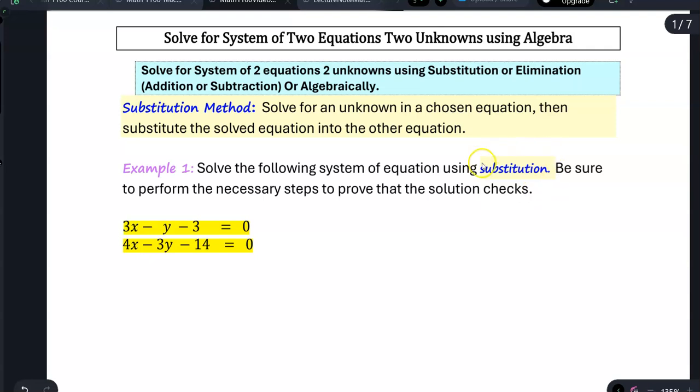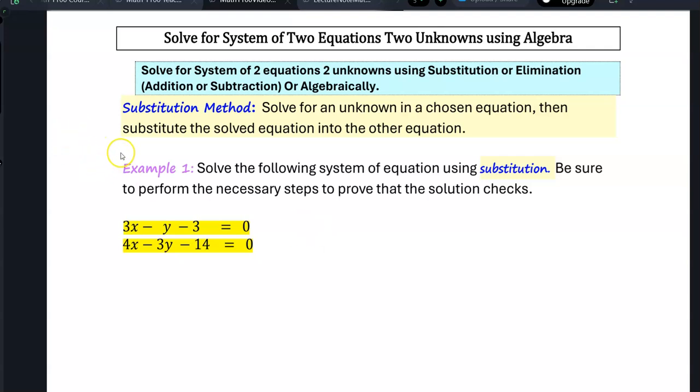When I use the substitution method, I notice that there is an unknown here with a coefficient of either minus 1 or 1. With the substitution method, I have to solve for one unknown in one equation.